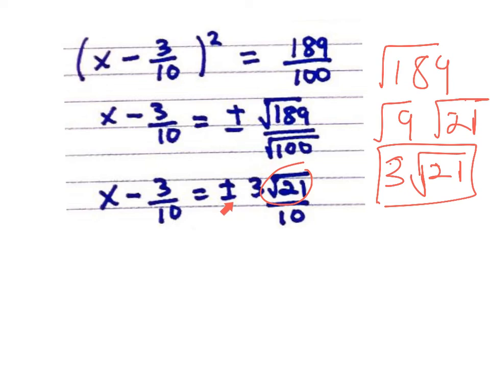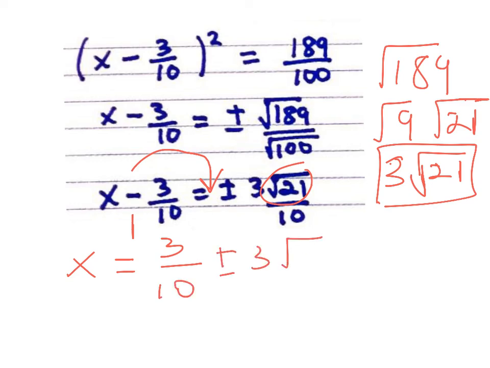And plus minus, don't forget. So the next thing is to move this 3/10 to the other side. It's a minus here, so it becomes a plus when it gets over here. So x equals 3/10 plus minus 3 root 21 over 10.